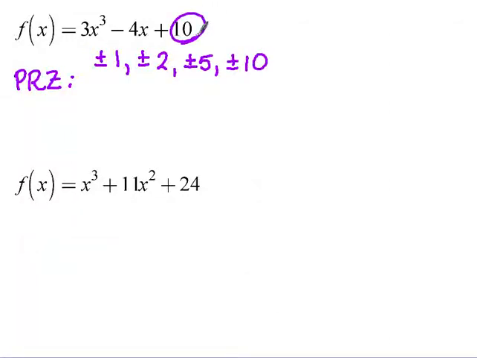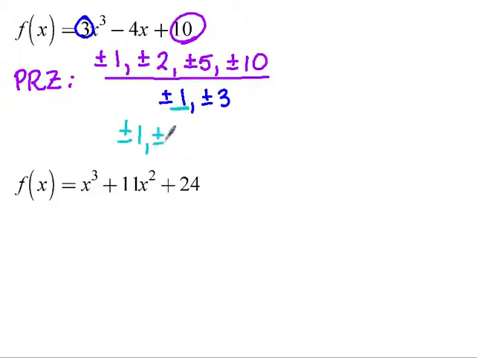That's the factors of my constant term, which is 10. I'm going to divide that by the factors of what? 3. What are the factors of 3? 1 and 3. Now we need to divide. When I divide by 1, that basically means everything that's already written in the numerator will be one of the answers.